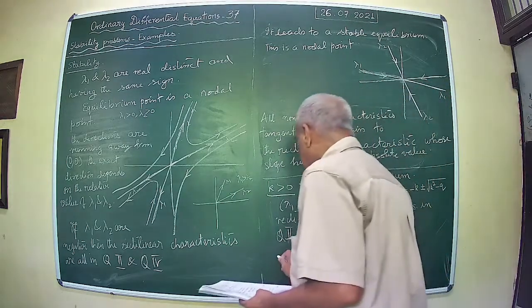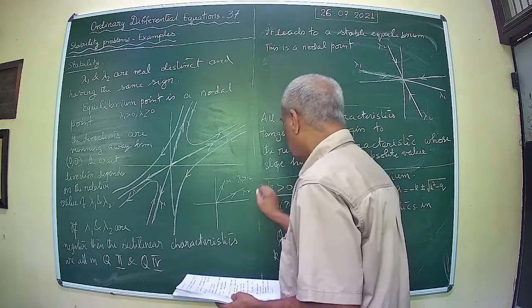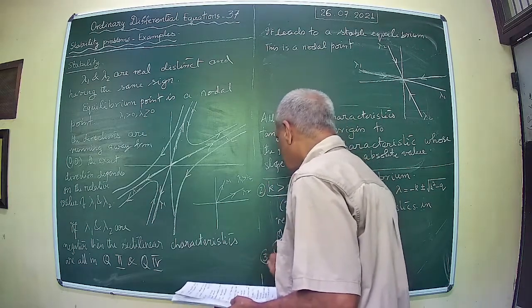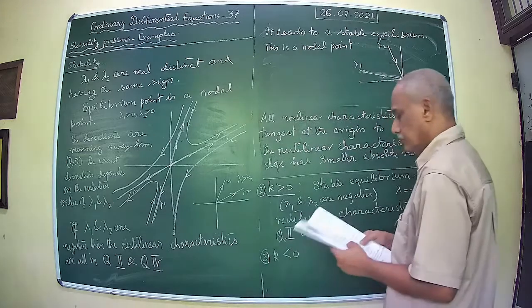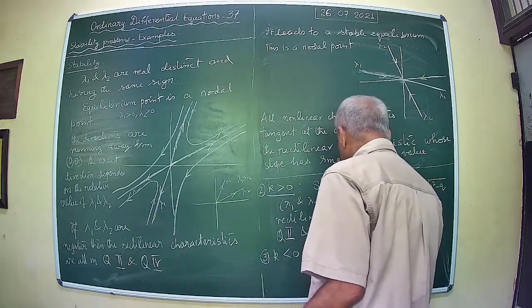Now, if K is negative, then you have unstable equilibrium.